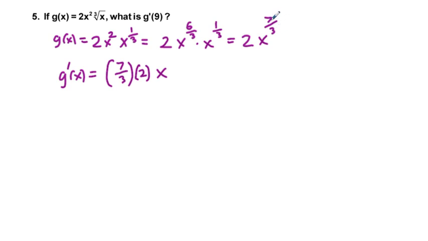Well, 7/3 minus 3/3 is 4/3, so that's going to be x to the 4/3 power. And just putting these together, we're going to have 7 times 2 is 14 over 3, x to the 4/3 power.